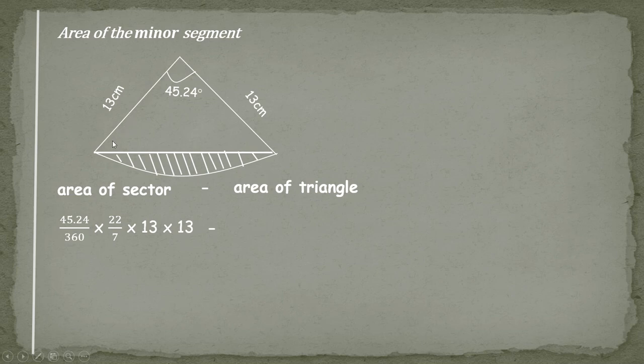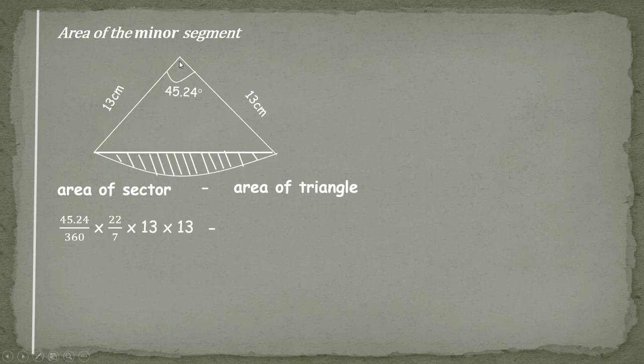We shall use our knowledge of trigonometry: once I have two sides of a triangle and the angle between the two sides, it is very easy to get the area by getting a half times this side times this side times the sine of the angle between these two sides.